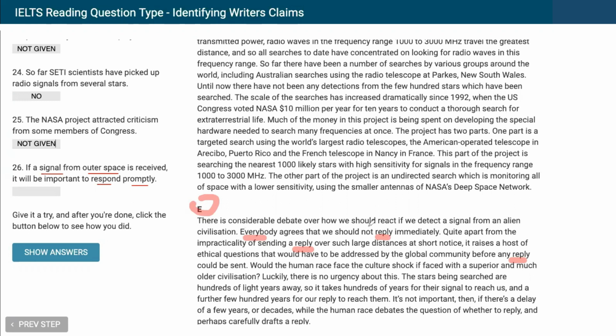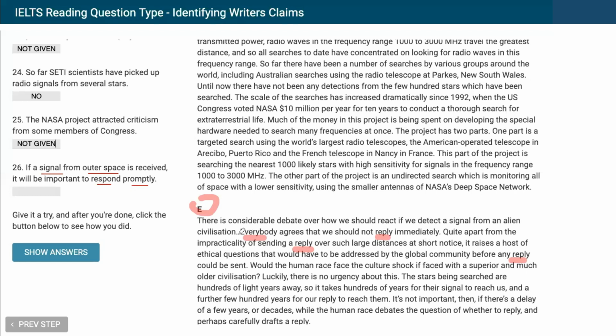Everybody agrees that we should not reply immediately. And so I should read the sentence above here. There is considerable debate over how we should react if we detect a signal from an alien civilization. Okay, so everybody agrees that we should not reply immediately, but I want to know, again, what does the writer claim?